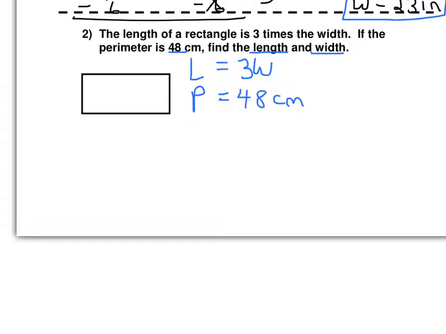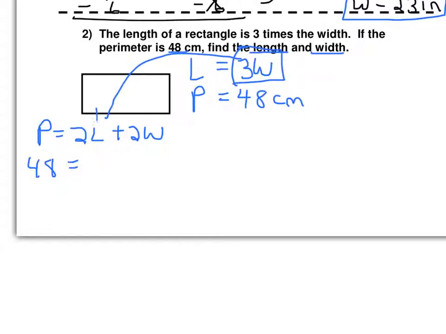So I'm going to use that same formula that I've been using. Perimeter is equal to 2 times the length plus 2 times the width. And then I'm going to substitute what I have. So I have 48 is equal to, now it says the length is this. This is the length, 3W. So I'm going to substitute that right there.